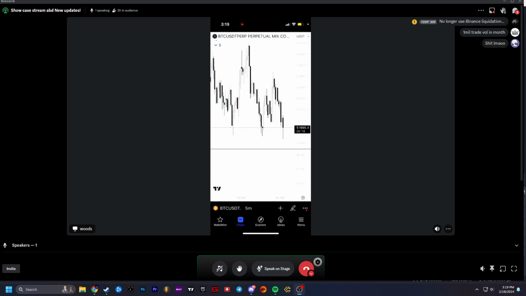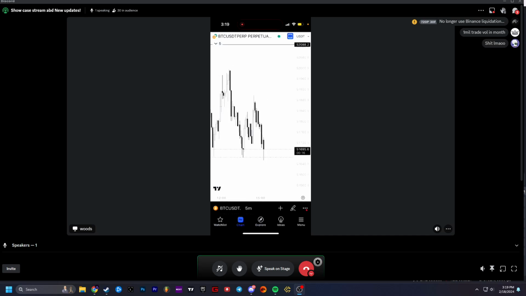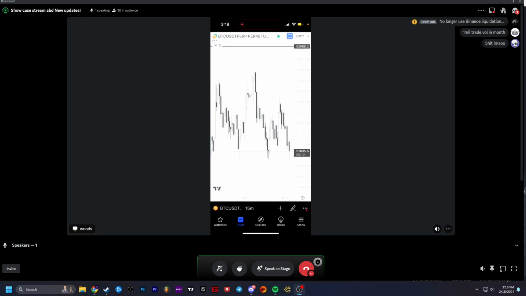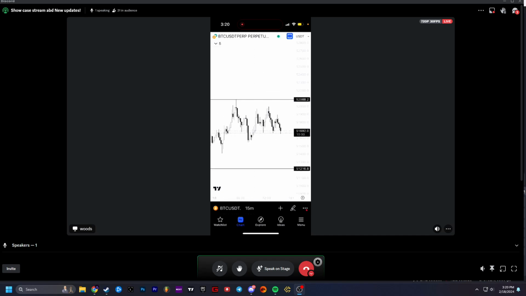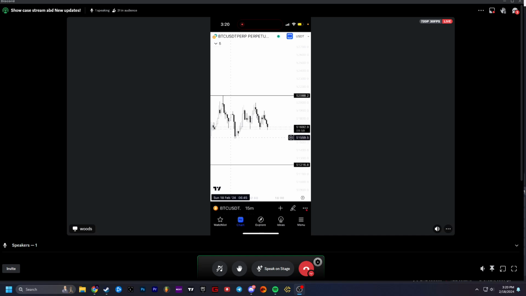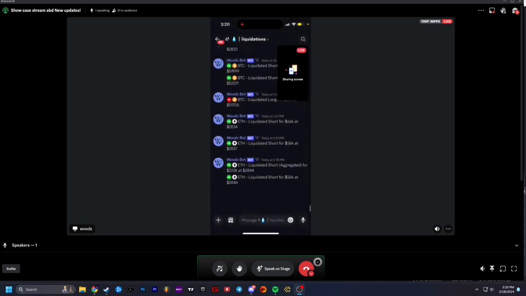See right here, we had a 52K liquidation this morning as we're chopping around in a range at resistance, and we liquidated shorts right there, and then we reversed off of it. Now we're chopping around a little bit of a range. If we sweep these, those will probably liquidate longs. We'll probably have some liquidations coming in for longs soon, but that's just how it works and how you can utilize it.